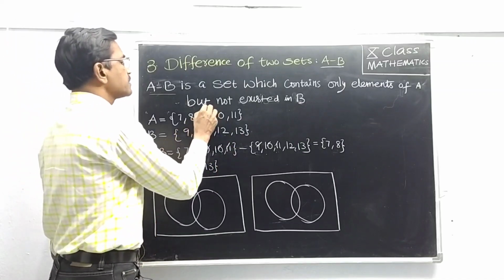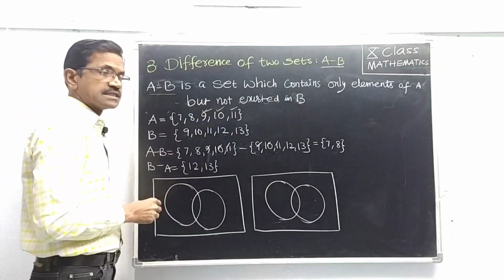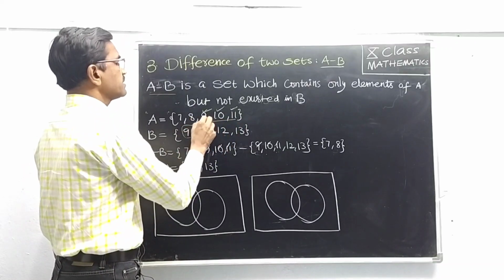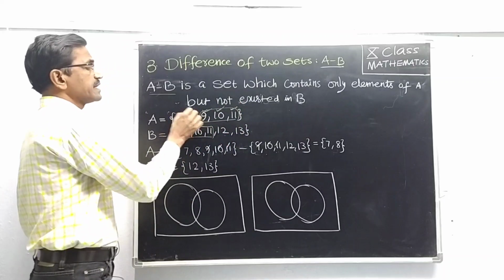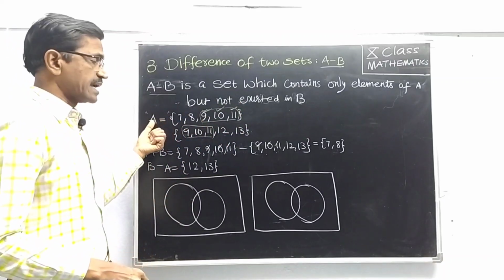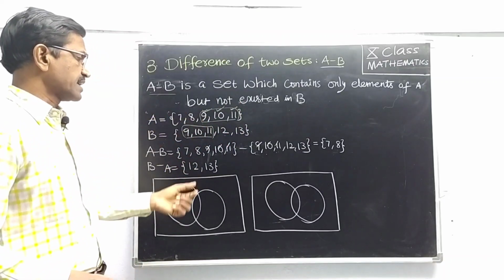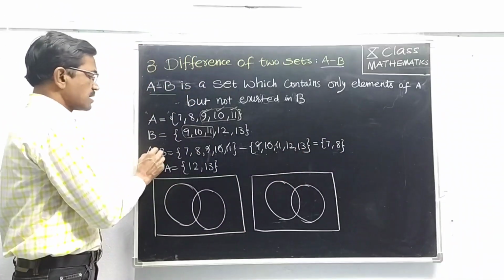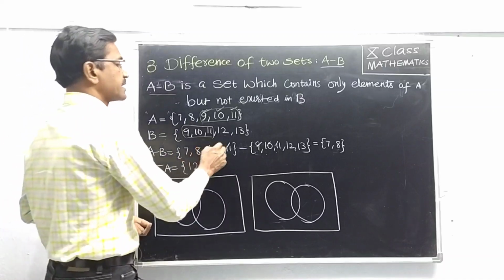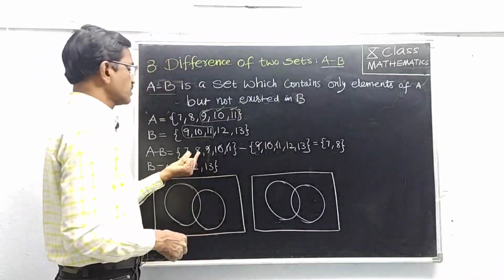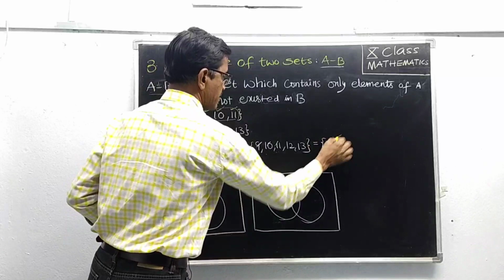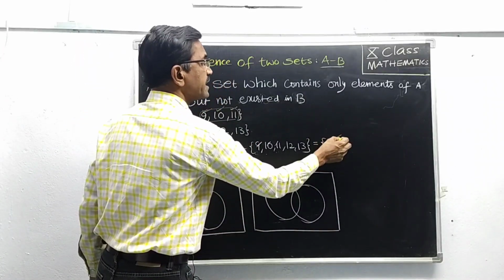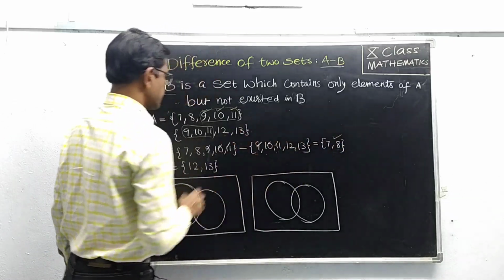Here 9, 10, 11 exist in both A and B. So except these, 7, 8 are there, they exist in only A. If we write the set by taking these elements 7 and 8, this set is called A minus B. Let us cancel the common elements and take only these elements. These elements exist only in A but not B.